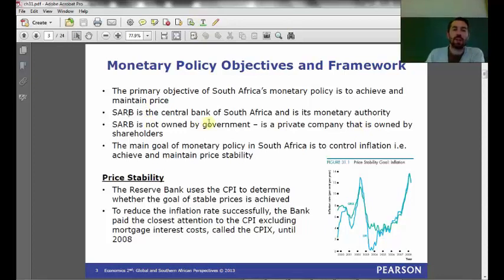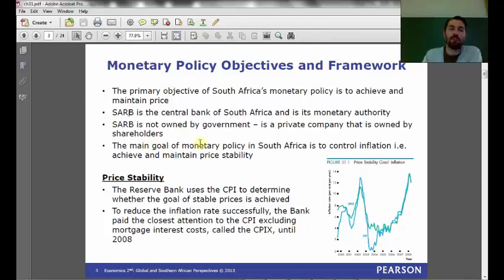The SARB is not owned by the government. It's privately owned, which, as we've discussed before, is of very little consequence. It's primarily a symbolic thing, to say that the Reserve Bank makes decisions independent of the executive. Not without input from the executive, but independent of the executive.